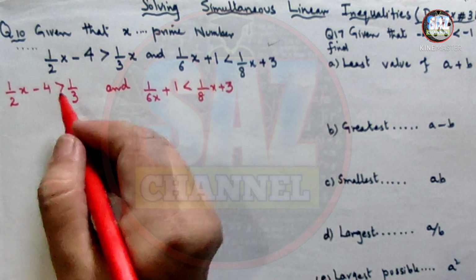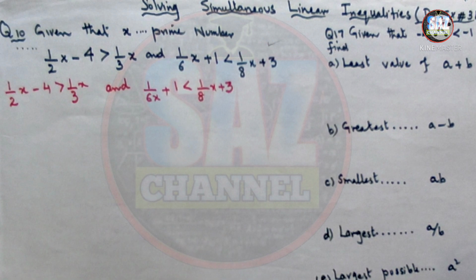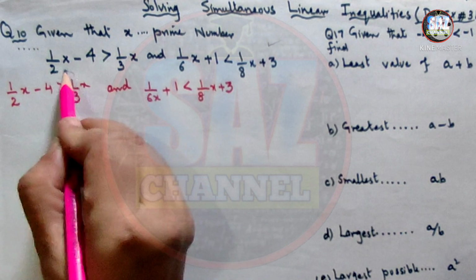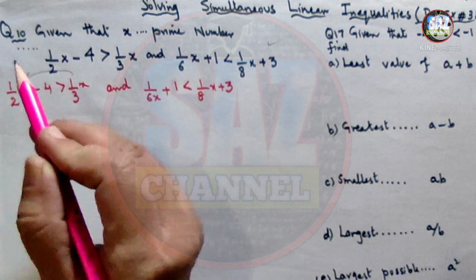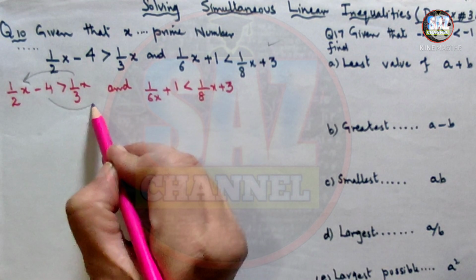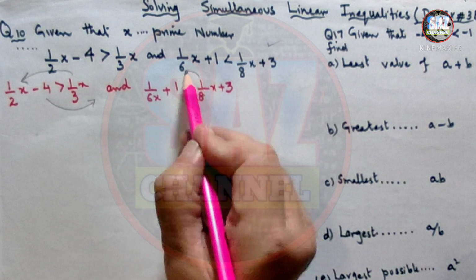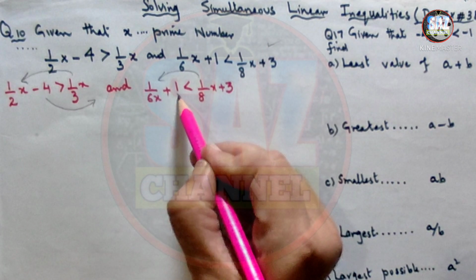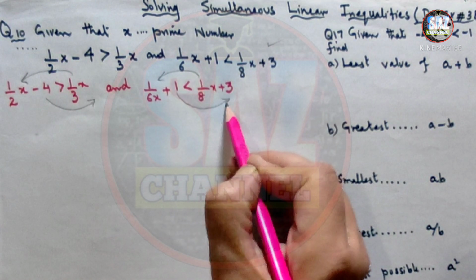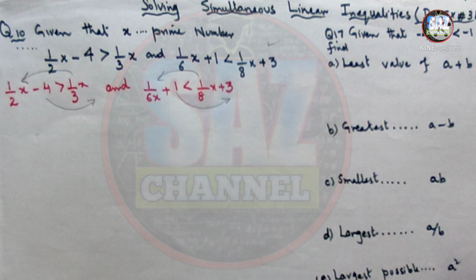And now what we have to do is shift like terms on the same side. I will be shifting 1/3 x to this side and 4, the constant, towards this side, and same for this part of the question: we will be shifting variable terms towards the left hand side and constants towards the right hand side.